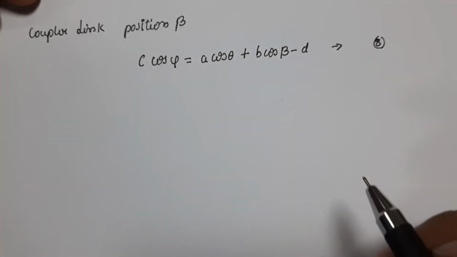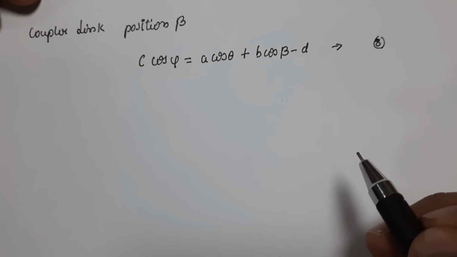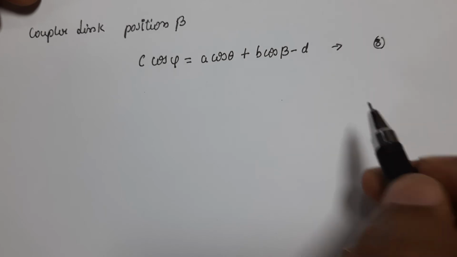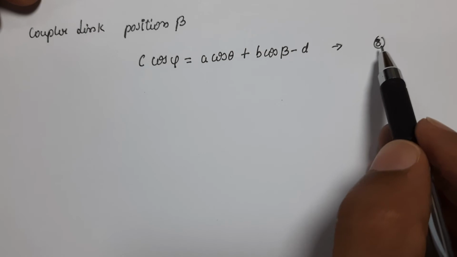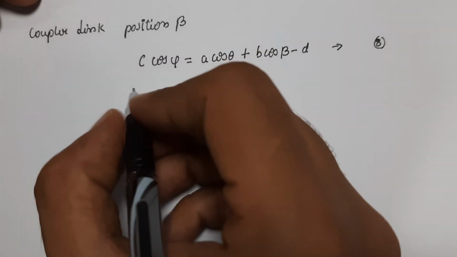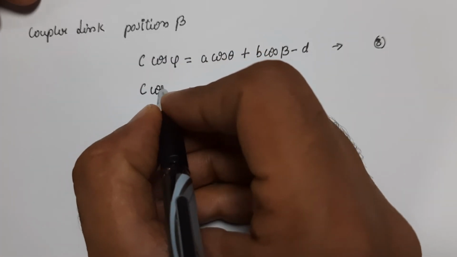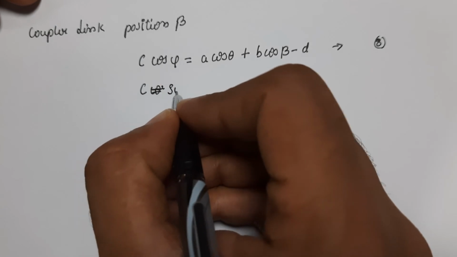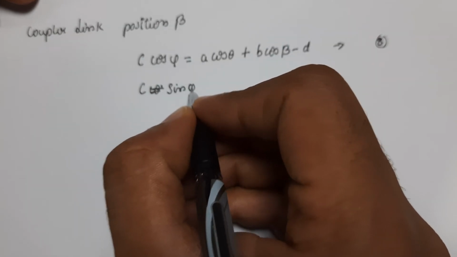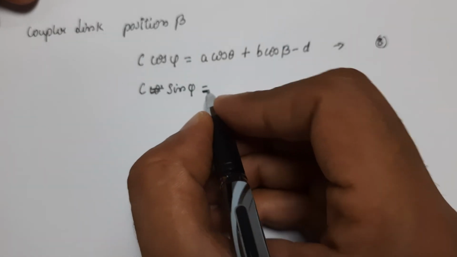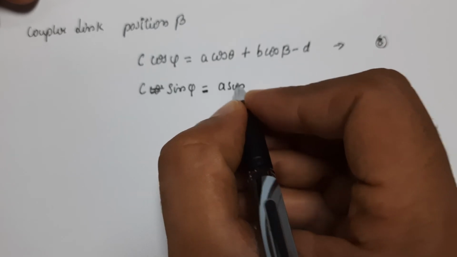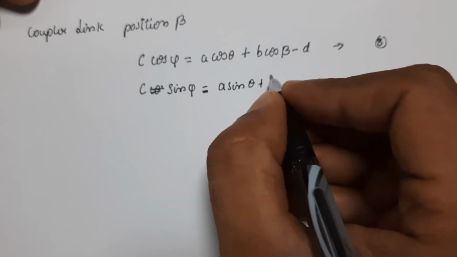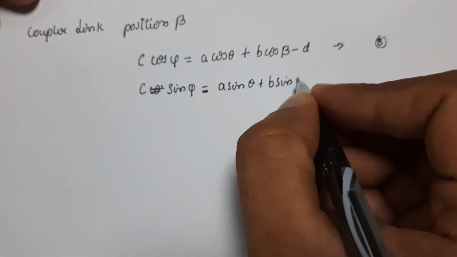The phi equation, we have to consider as equation number 7. So this we consider as equation number 8, and C sin phi is equal to A sin theta plus B sin beta.